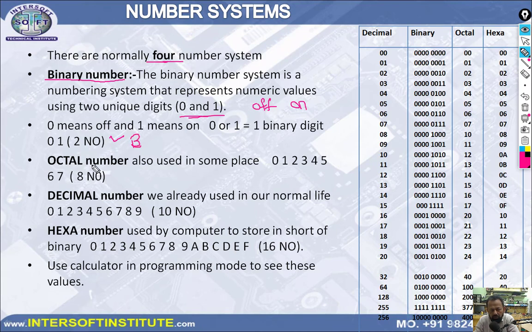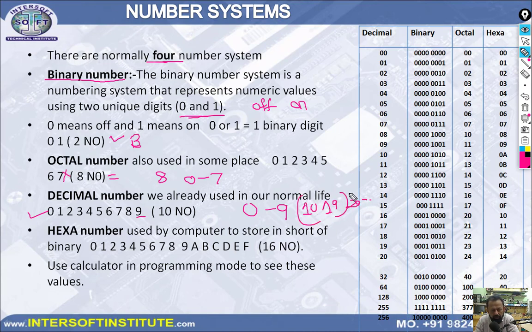The second is the octal number system, also used in some places: 0, 1, 2, 3, 4, 5, 6, 7, up to 7, not 8. So the total is 8 units, 0 to 7. The decimal number system, which we use in normal life, is 0, 1, 2 up to 9. After 9 it goes to 10 through 19, then 20 to 29, like that.